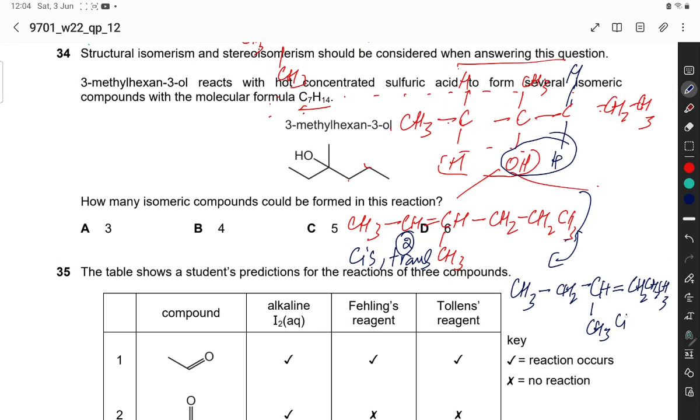So in this case cis-trans is possible, two isomers are there.